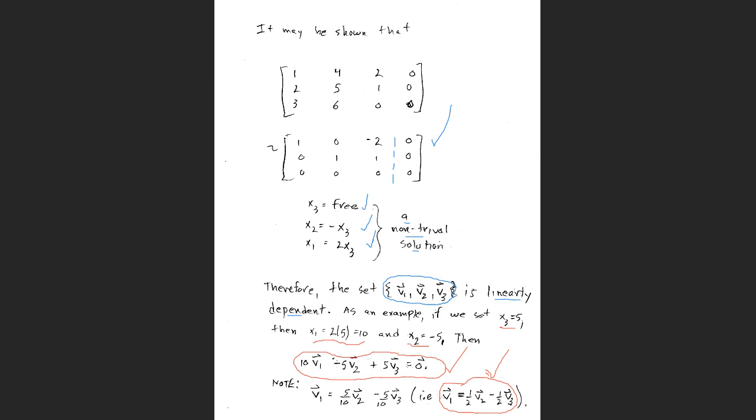Okay, so check this out. Does this relationship between the vectors v1, v2, and v3 check out? Take a moment to check and see if it's true.